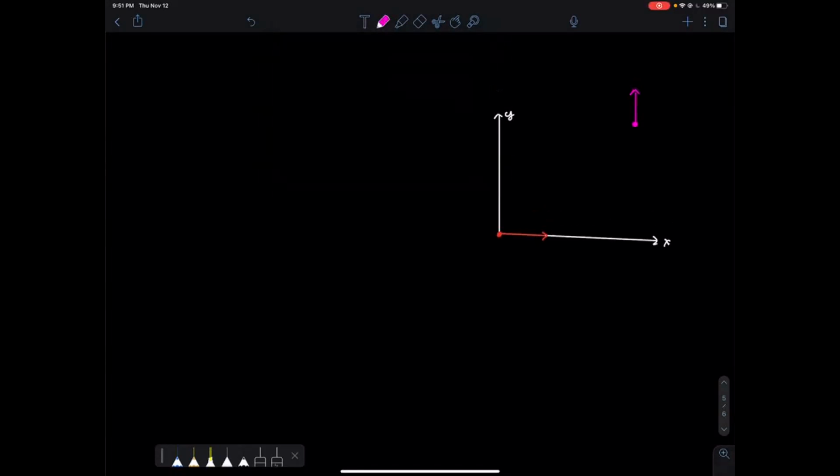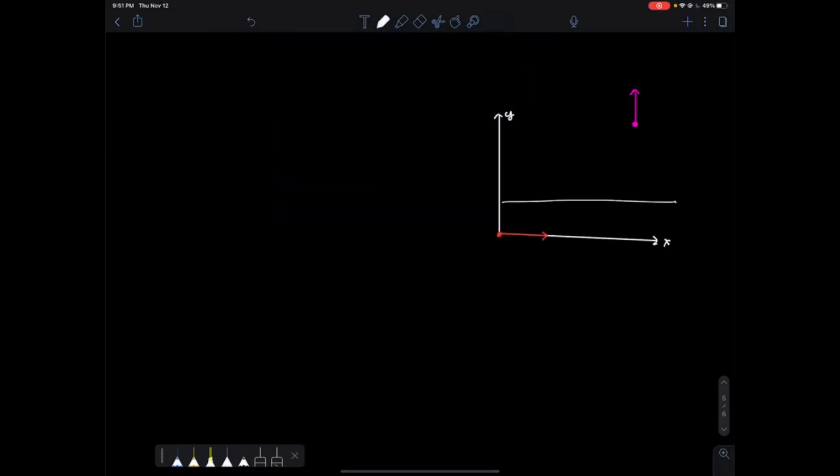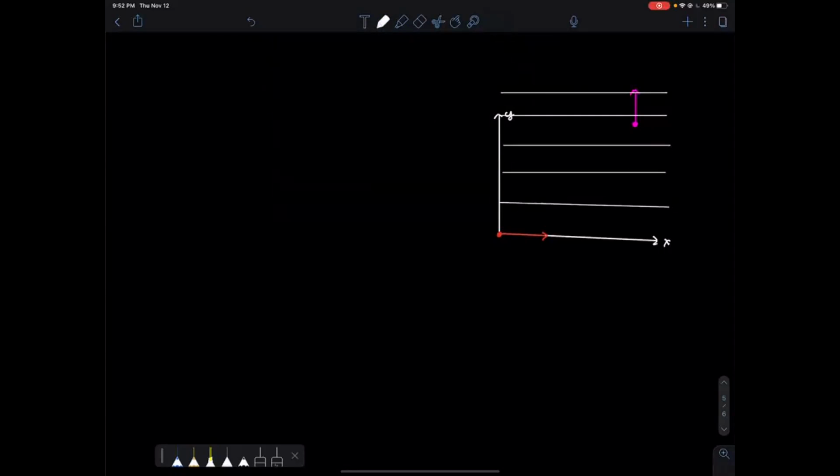Give me a second. Let me draw some lines on this graph so it's easy to see what we're doing. 1, 2, 3, 4. Oh, look, my final point's already off. Okay, I'm going to delete those two.